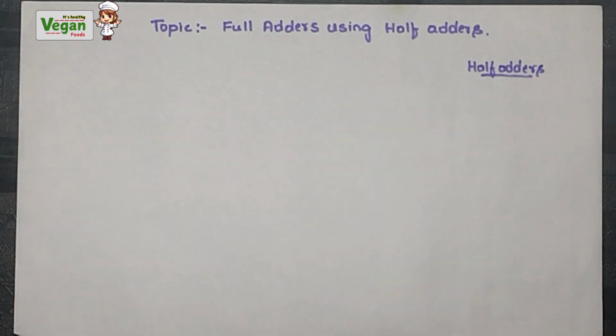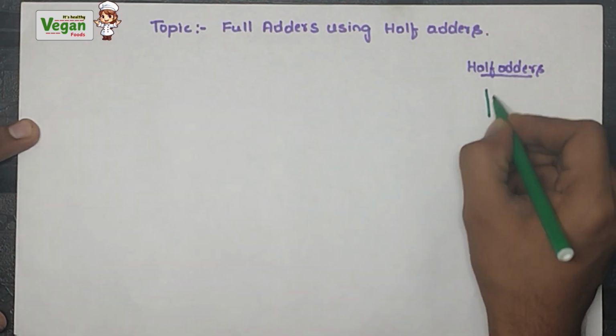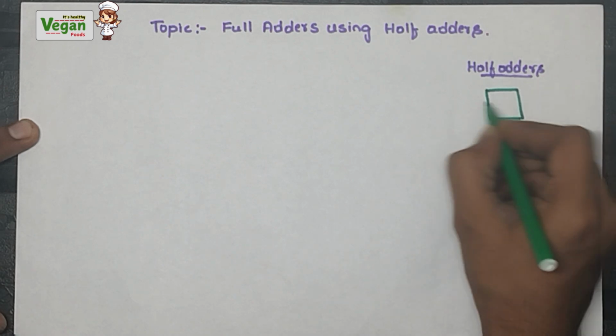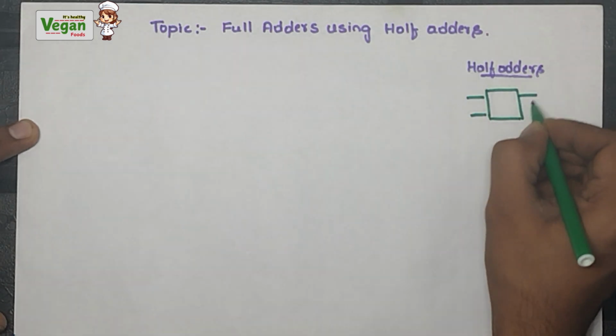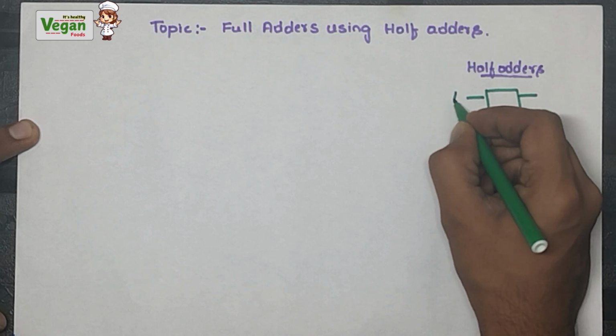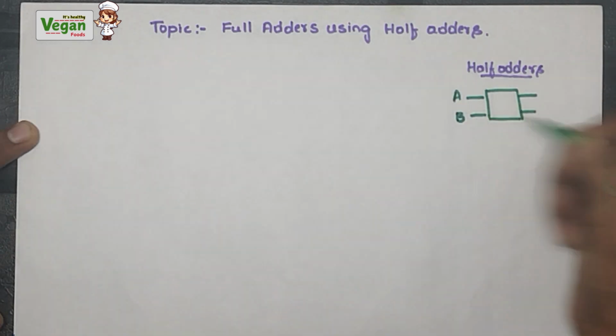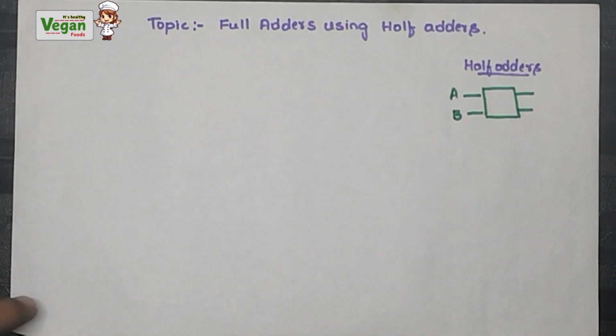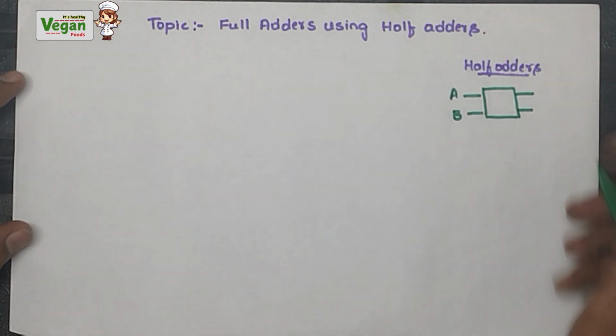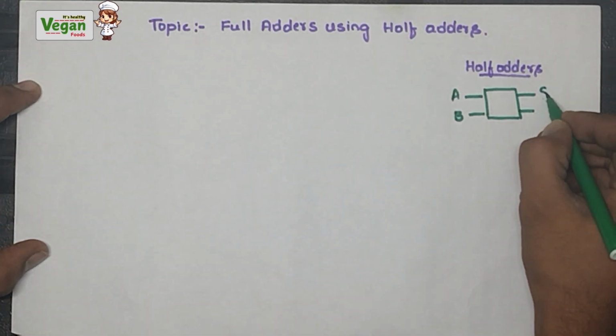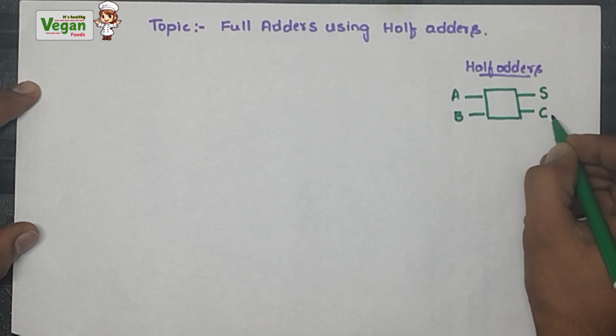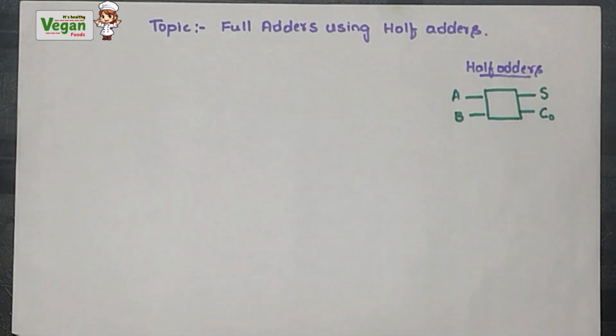The half adder will have two inputs and two outputs. Let's call these two inputs A and B. You can use any other alphabets also. Now what will be their outputs? One will be sum and another one will be C out. C out is the carry output.